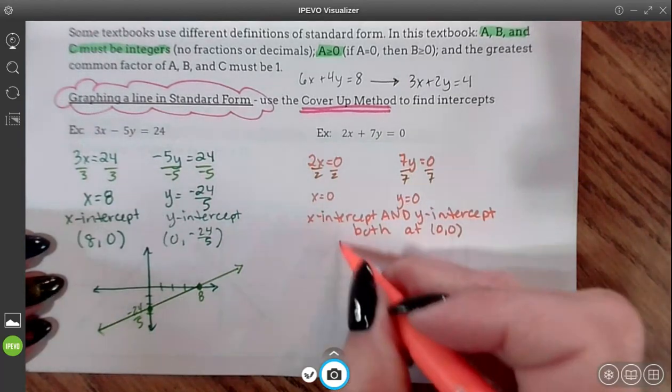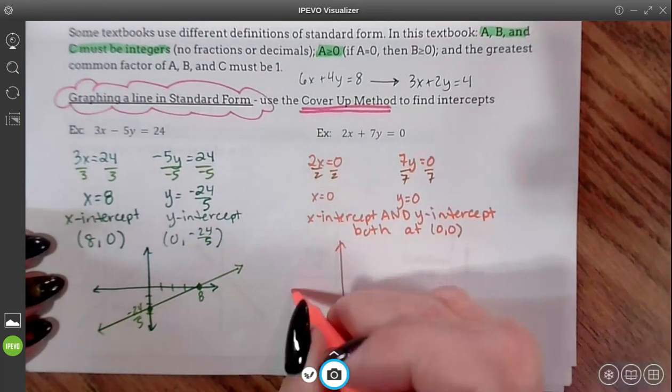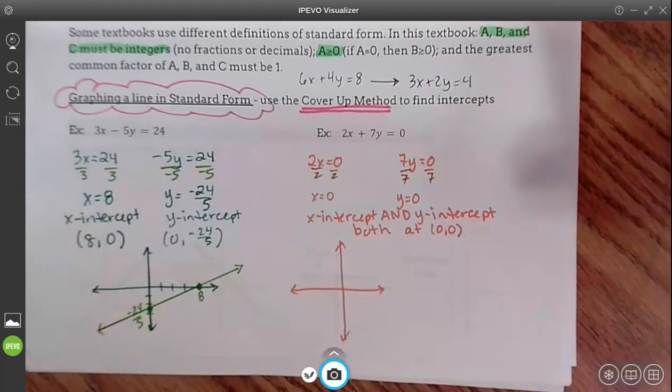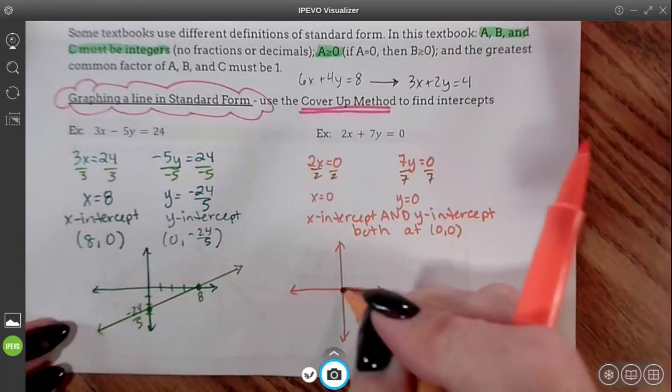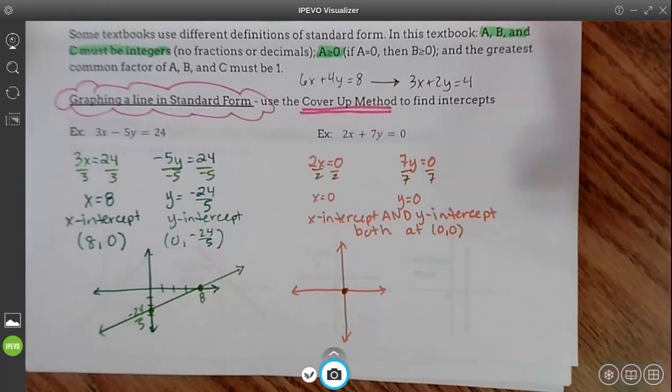So when I go to graph this, I'm only going to have one ordered pair, and that's not going to get me a good graph. So I have that one ordered pair at (0, 0). But then I'm going to need to actually just choose another ordered pair. Like I will just pick a value for x or a value for y and figure out a second ordered pair to be able to graph that.